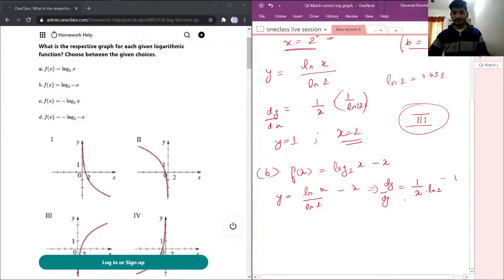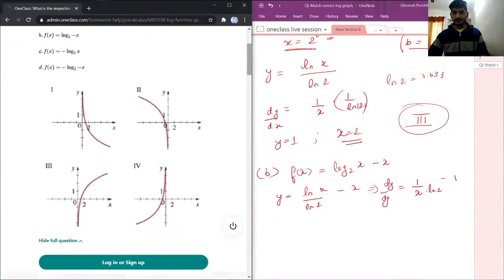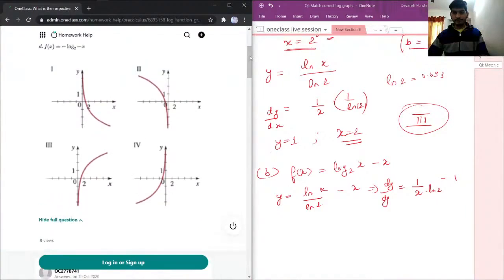So I can clearly see that for this question my slope is going to be positive. Now we can clearly proceed with this problem, because for a positive slope we have only 2 graphs. This one was for the A option. So for B option, the fourth one is going to be our answer.